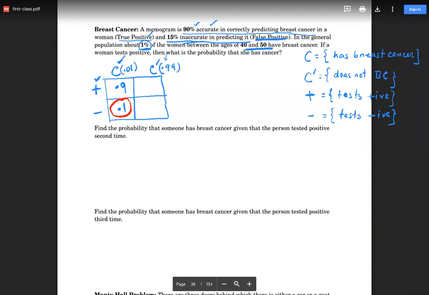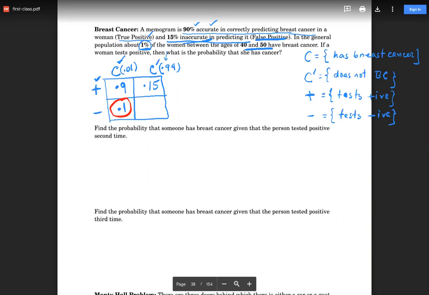You either have cancer or you do not have cancer. If you do not have cancer, then the test results are bad 15% of the times. So that means it's an inaccurate test. You do not have cancer, but somehow they say, oh, you do have cancer. That means a positive test. That's a bad scenario. You don't have it, but they tell you that you have it.